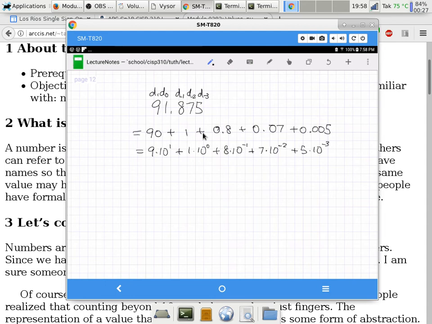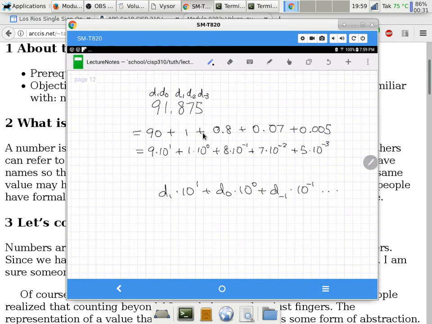D subscript negative 1 tells us how many 10 to the power of negative 1 we have. Is that okay? In other words, the value being represented by the number is D1 times 10 to the power of 1 plus D0 times 10 to the power of 0 plus D negative 1 times 10 to the power of negative 1, blah, blah, blah.